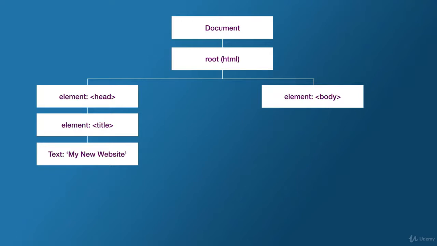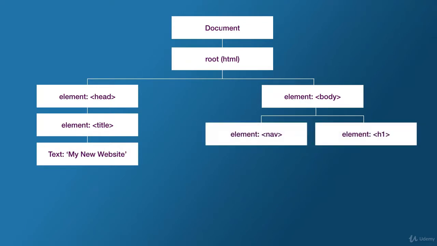So let's continue working now on the right. For example, we have a body, and inside we have a navigation, and we have a heading one. Something really simple. You can see we have two new elements, navigation and a heading one or an h1. Let's start in the navigation. So for example, inside the navigation, you are going to have an anchor. So again, this is going to be a tag, so it's going to be an element.